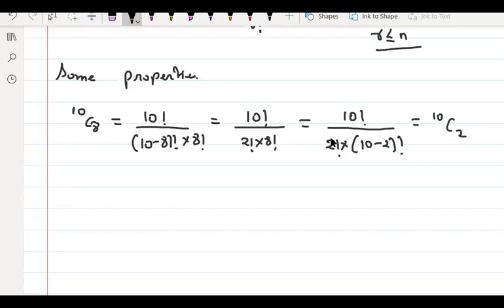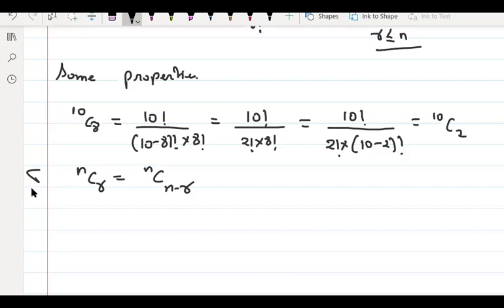Is there any relation between them? If you see, it is NCR, and this is NC(N minus R). So this is your first property.